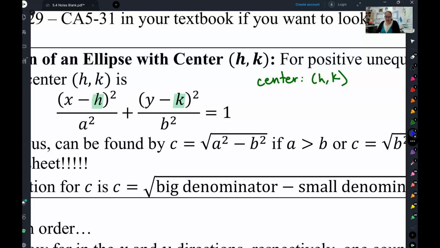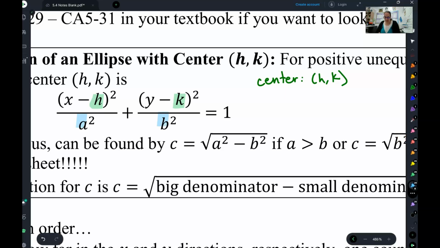If A is bigger than B, then A is your major axis, because the major axis is bigger. If B is bigger than A, then B will be your major axis because B is bigger. So either way, you just look at whichever one is bigger and that will tell you what it is.